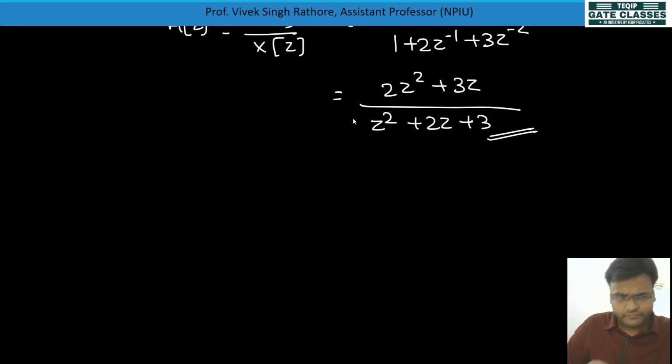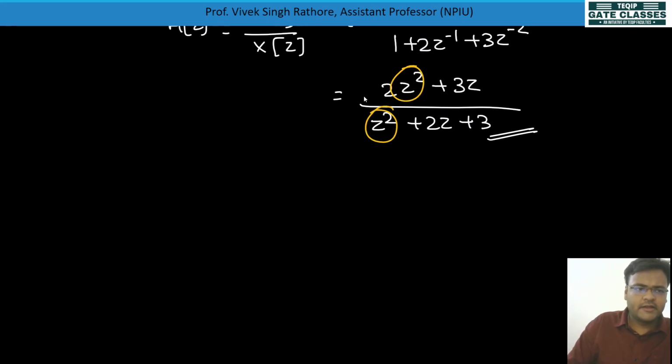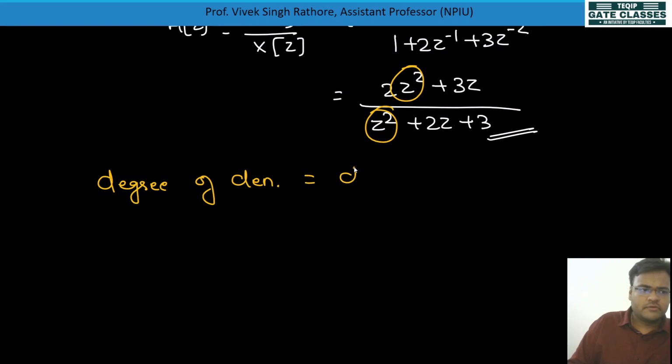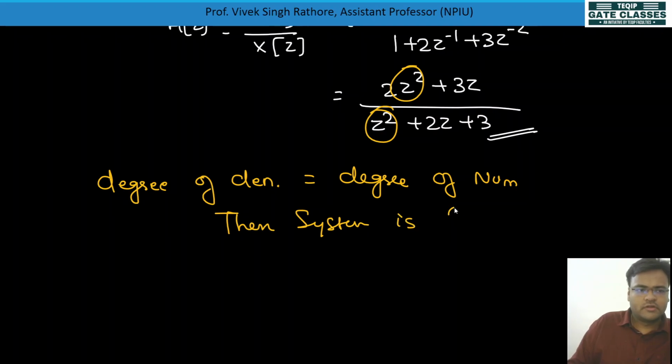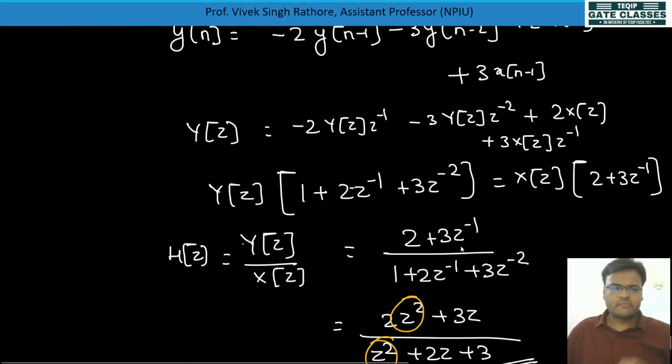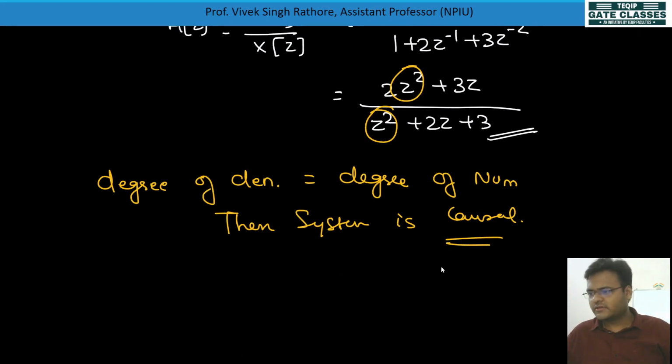So one trick is there: whenever the degree of denominator and degree of numerator are the same, then the system is causal. This point also you can remember. So this will be a causal system response.